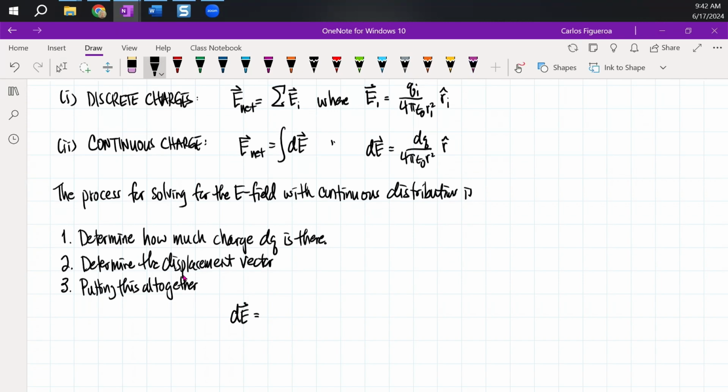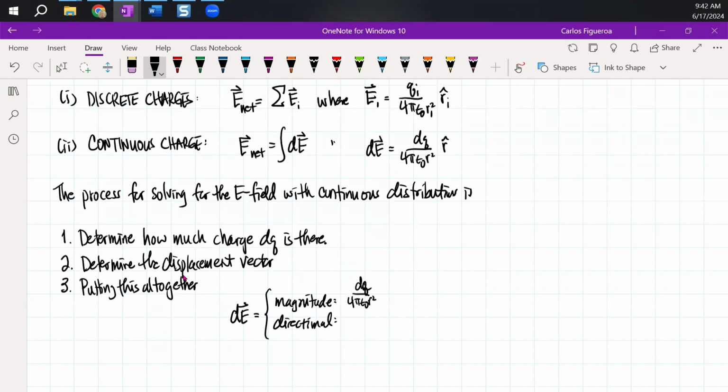So when I say dE field, we're going to need the magnitude, and it's more common to calculate what is called the directional. The magnitude is going to be dq over 4 pi epsilon r squared.